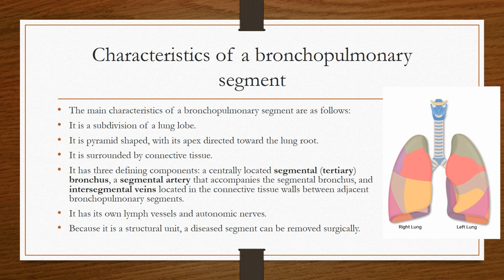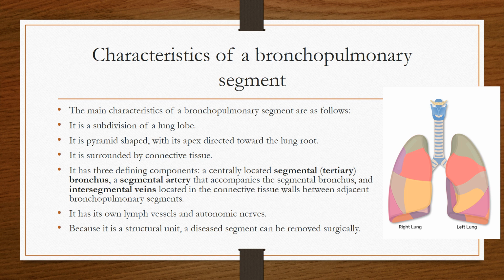There are 2 principal bronchi. Then each principal bronchus will divide into secondary or lobar bronchi. On the right side there are 3 lobes, so there are 3 secondary bronchi, but on the left side there are 2 lobes, so there are 2 secondary bronchi.